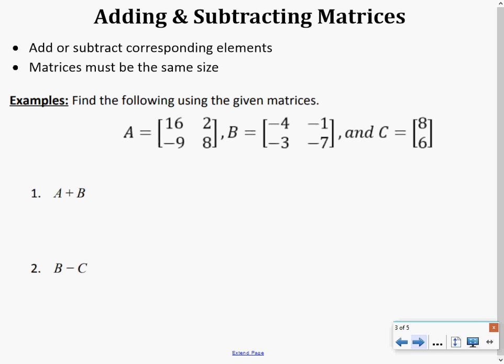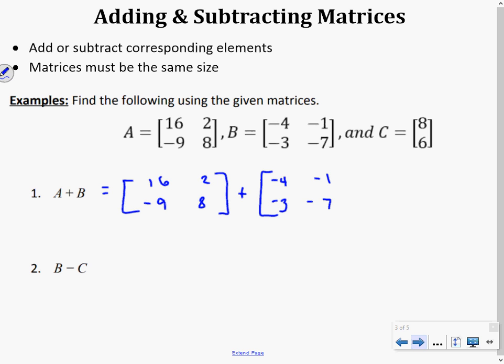So let's look at example 1 here. We're doing A plus B, so I'm going to write this with the actual matrices here. So A is 16, 2, -9, and 8. Okay, and we're adding that with B, which is -4, -1, -3, -7. So to add these, all I'm going to do is add elements that are in the same spot together.